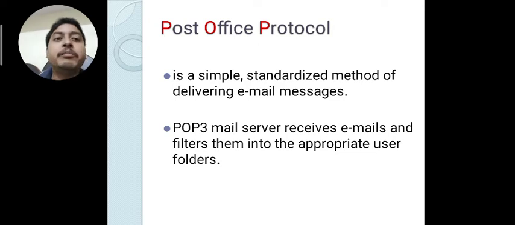The POP3 mail server receives emails and filters them into the appropriate user folder. On the same email server there are millions of accounts, but it is the responsibility of this protocol to filter the email and deliver the right email to the right user. Okay.